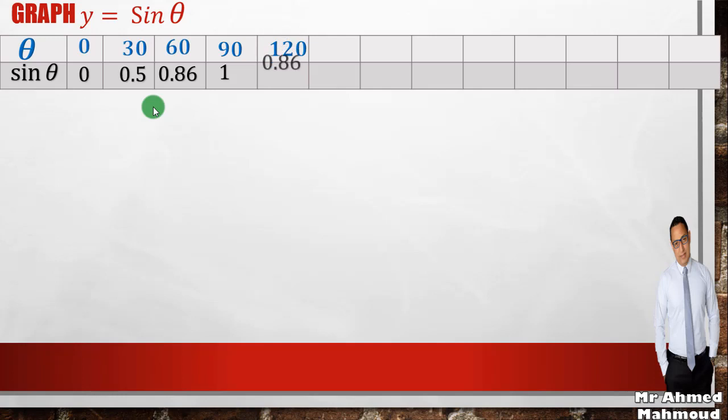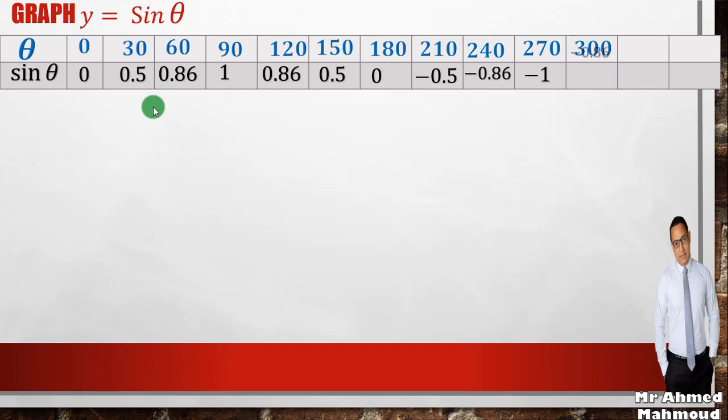which equals 0.86, and 150, sine 150 equals 0.5 or half, and 180, sine 180 equals 0, 210, sine 210 equals negative half, and 240, sine 240 equals negative root 3 over 2, which equals negative 0.86, 270, sine 270 equals negative 1, 300, sine 300 equals negative root 3 over 2, which is negative 0.86, 330, sine 330 equals negative 0.5.